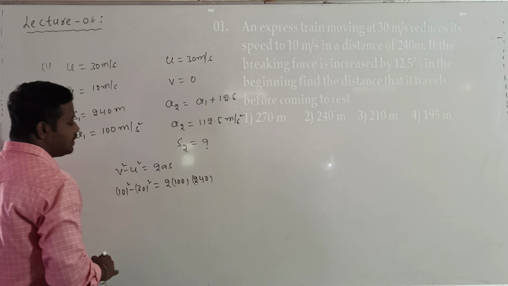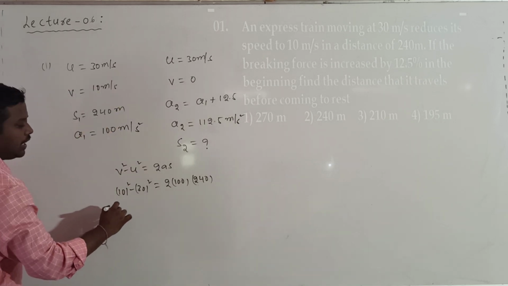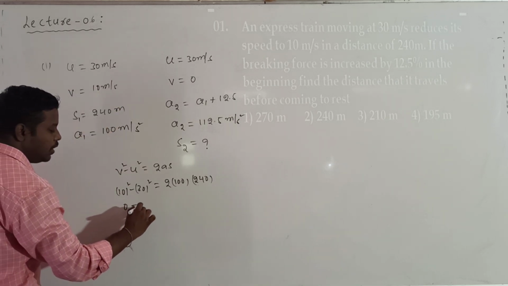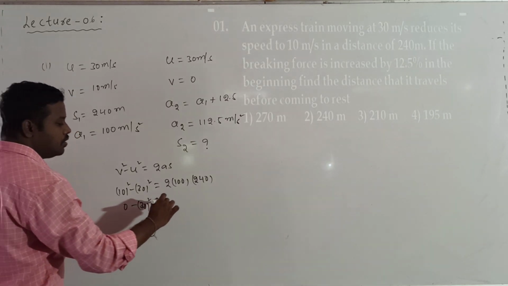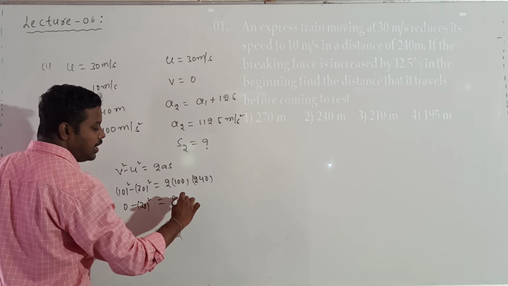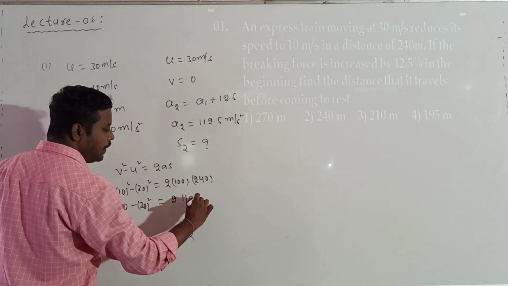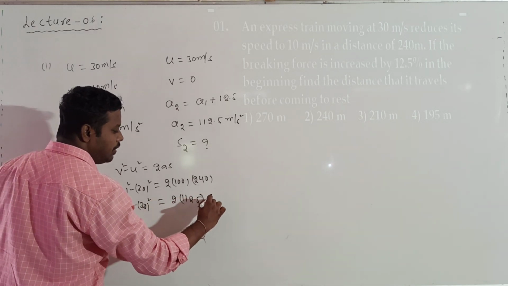Similarly for the second time, final velocity is 0, initial velocity is 30, so 0 minus 30 whole square is equal to 2 into acceleration 112.5 into the distance we want to calculate.